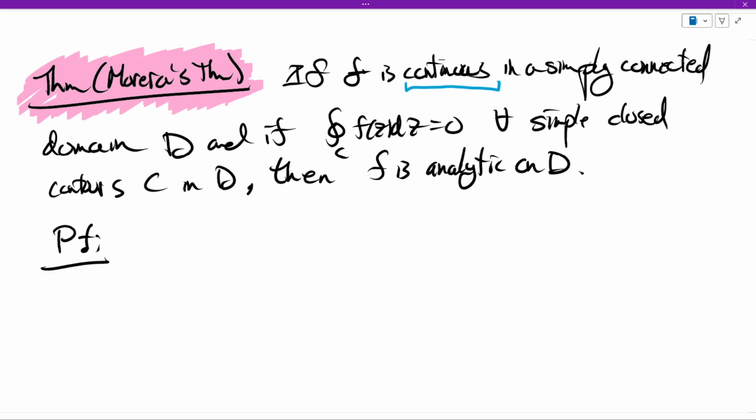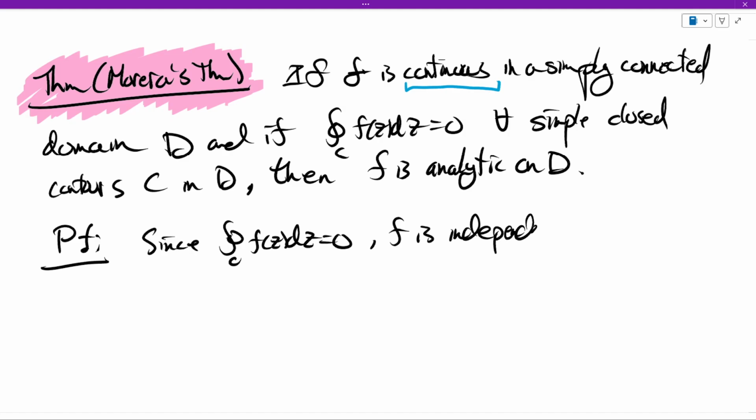Proof. Well, since the value of the contour integral is 0, f is independent of path. Right? Because I think we did this before, just to remind you though.